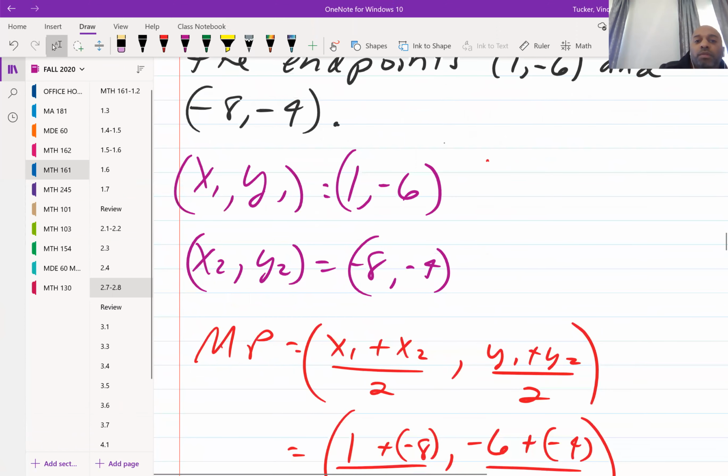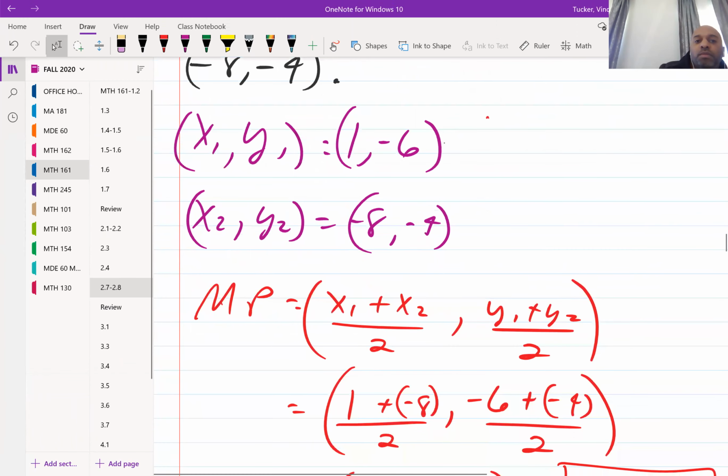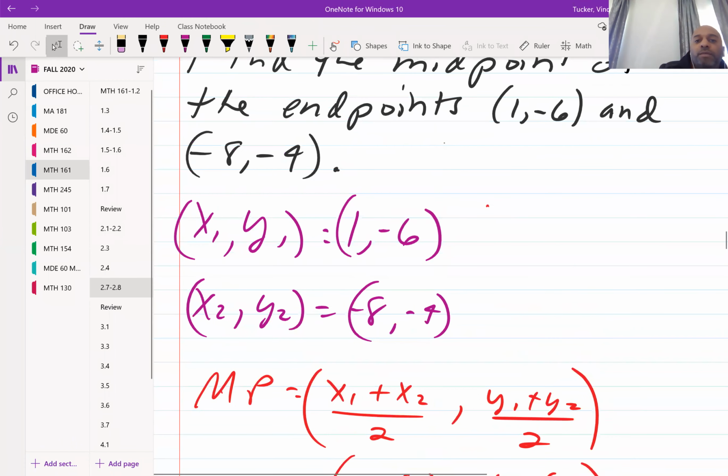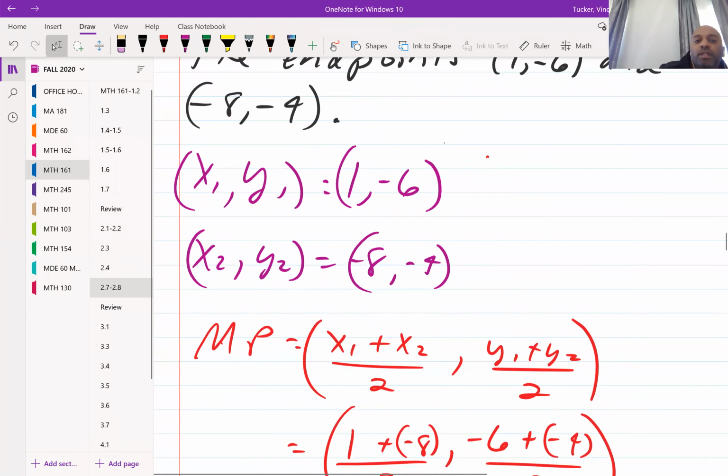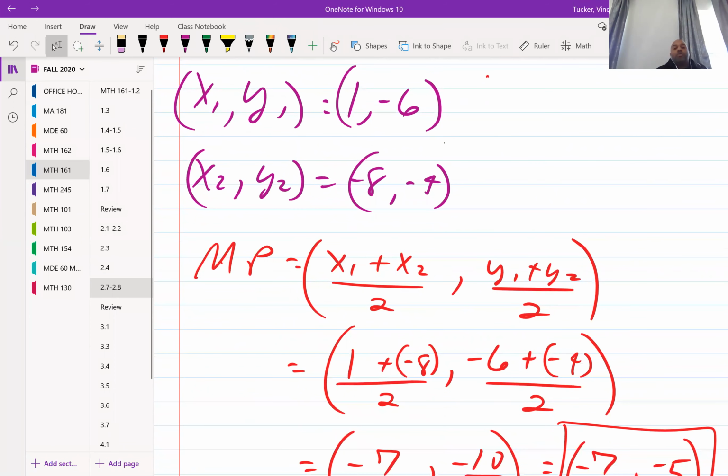Don't let me scroll up too fast. Is everybody done with the board? Okay. So x1, x2, that's 1 plus -8. And then y1, y2 is -6 plus -4, and each one of those quantities goes over 2.